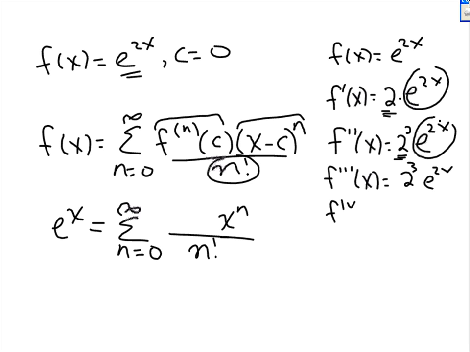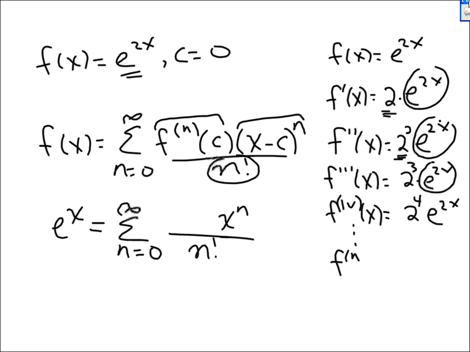The fourth derivative of f is 2 times the derivative of e to the 2x, which is what I just wrote, times 2 to the 3, which is 2 to the 4. So we should be seeing a pattern.